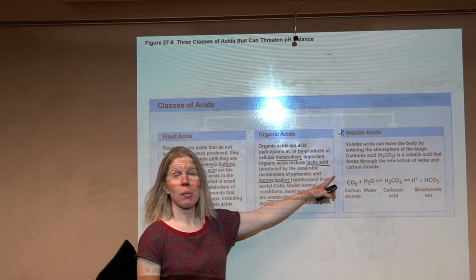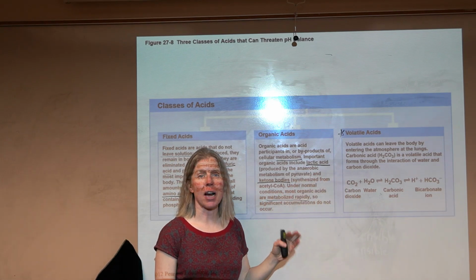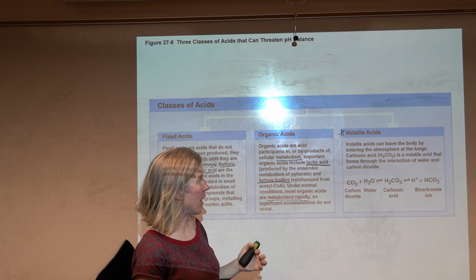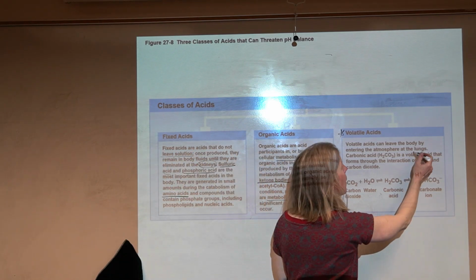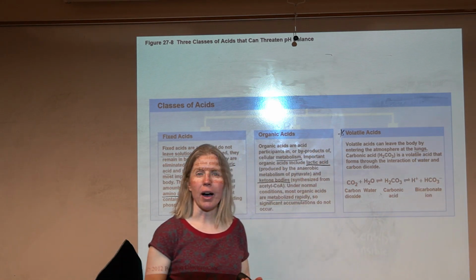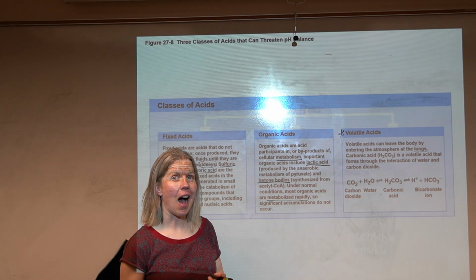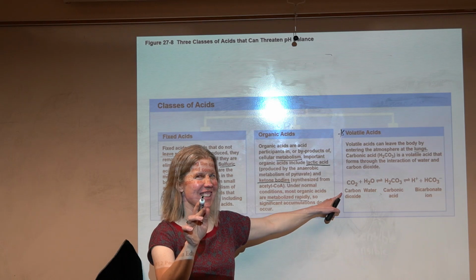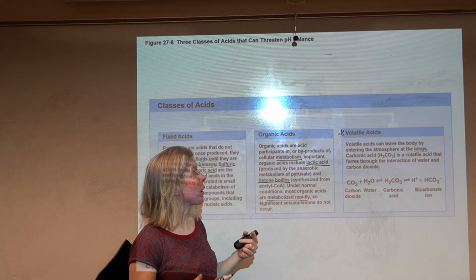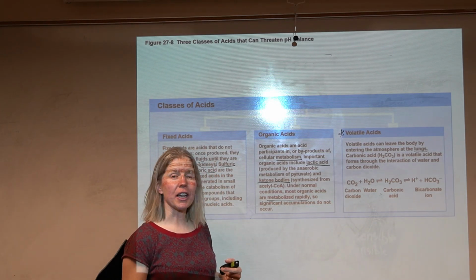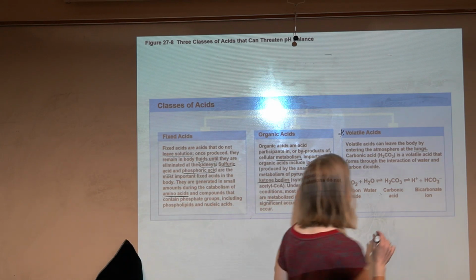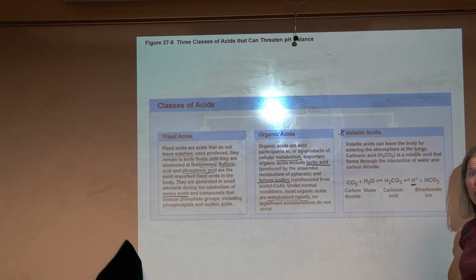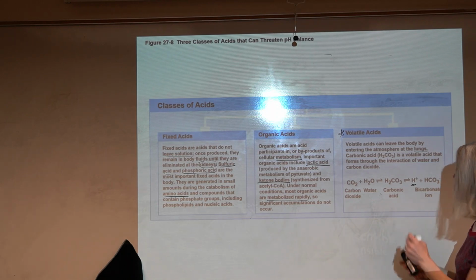So the one we'll talk about the most then are these volatile acids. Volatile just means that this can become gaseous, right? So we know that these can leave the body through the lungs. Do you see it? It's your equation. It's your favorite equation. Here we are again. So really, what we're looking at, right, are our hydrogens here are the part that would be making the body more acidic.